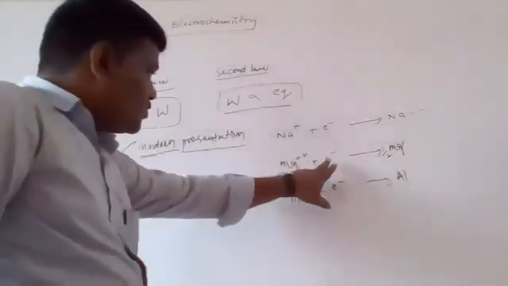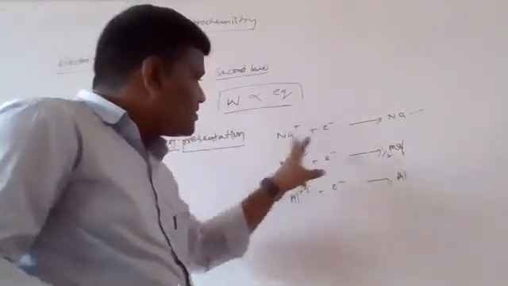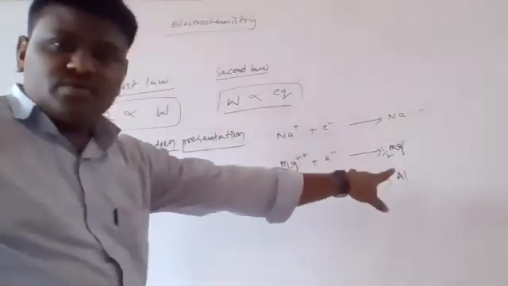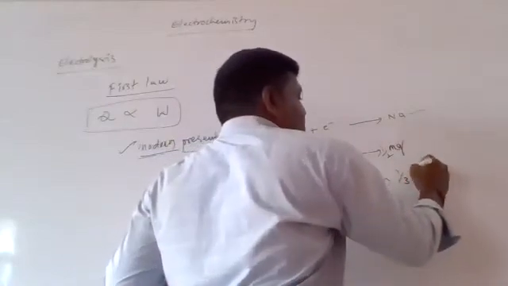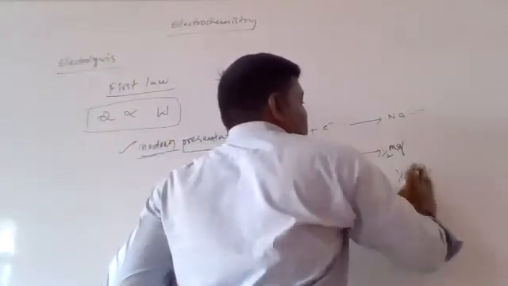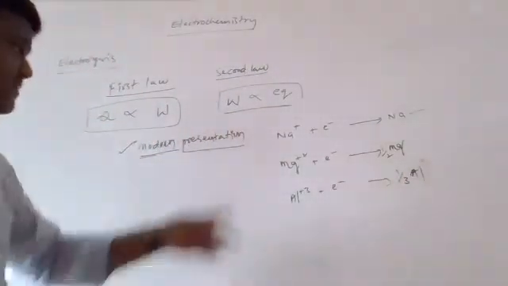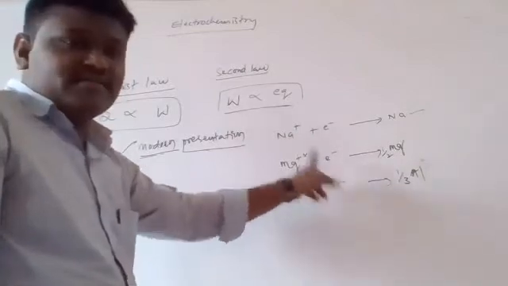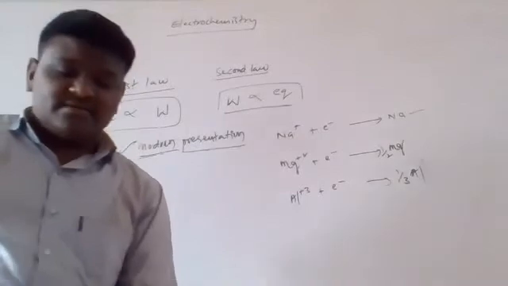If two moles of electrons pass, one mole of magnesium forms; if one mole of electrons passes, half a mole of magnesium forms. Three moles of electrons give one mole of aluminum, so one mole of electrons gives 1/3 mole of aluminum. Depending on the electrons passed in the reaction, the moles of product will be obtained.